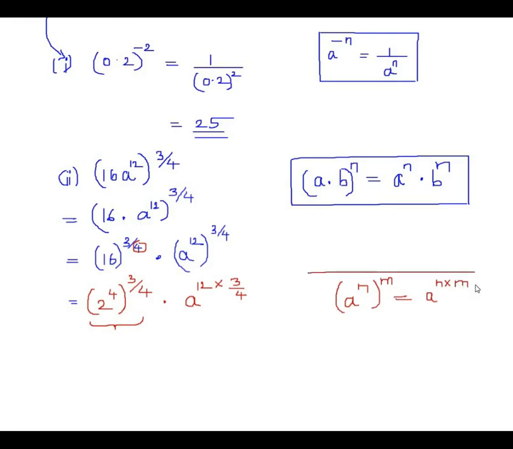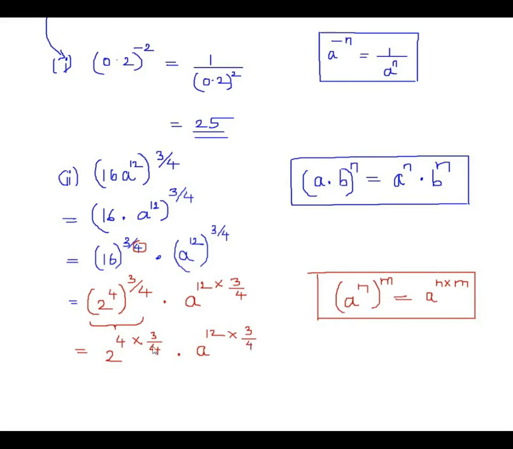So this is the law we have used. Now what happens over here? Using this law, we can write it as 2 to the power of 4 times 3 over 4. The powers get multiplied, here the power is already multiplied. So 12 times 3 over 4.